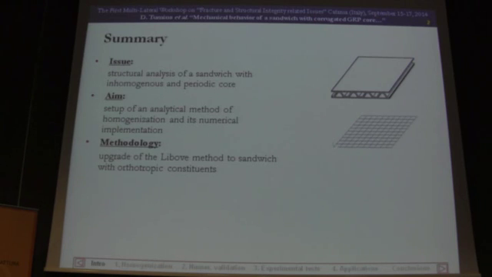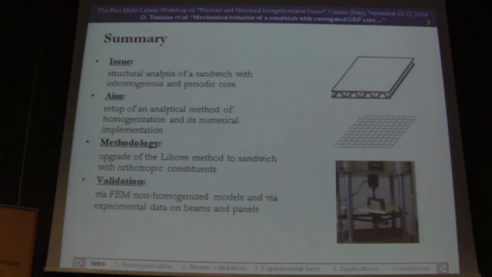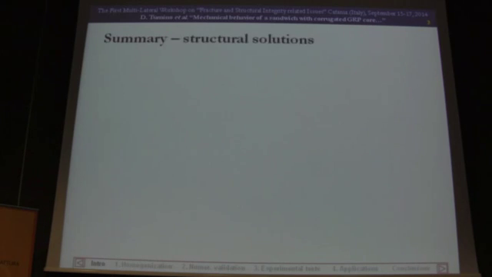With our method, we try to upgrade this method also to orthotropic constituents. And then we did validation of this method via FEM non-homogenized models and with experimental data on beams and panels made in our laboratory.